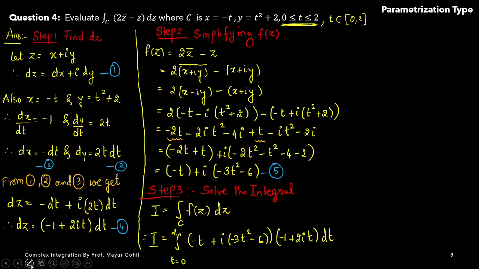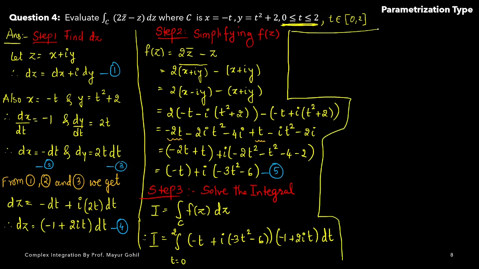Now let us simplify the integral and the function a bit, and let's solve it. So now let us calculate further. Here we will have I equal to the integral from 0 to 2.